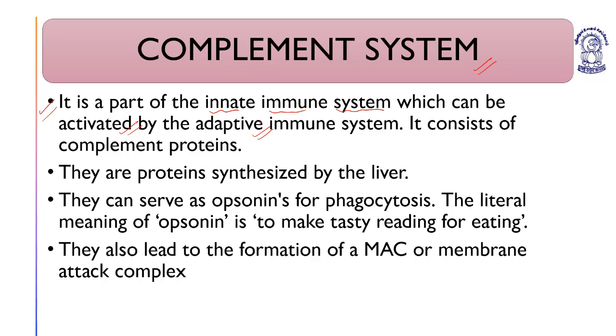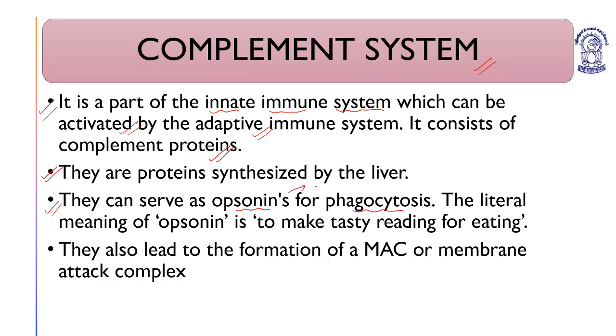So the complement system is basically part of the innate immune system, but it is activated by the adaptive or the acquired immunity. It consists of complement proteins. There are various types of proteins present in this complement system. These proteins are synthesized by the liver. They serve as opsonins for phagocytosis.